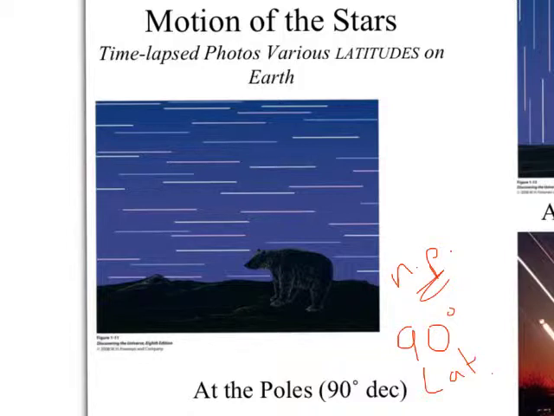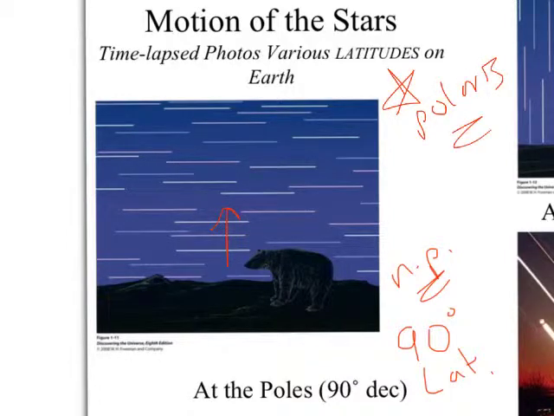Do you buy this, that as the polar bear looks up at his zenith, he is going to see the star Polaris? Why? Because Polaris is the North Star. So this polar bear can look straight up and see Polaris. Around Polaris, we'll make Polaris the middle of a bullseye, and we'll make a circle, a bigger circle, a bigger circle.